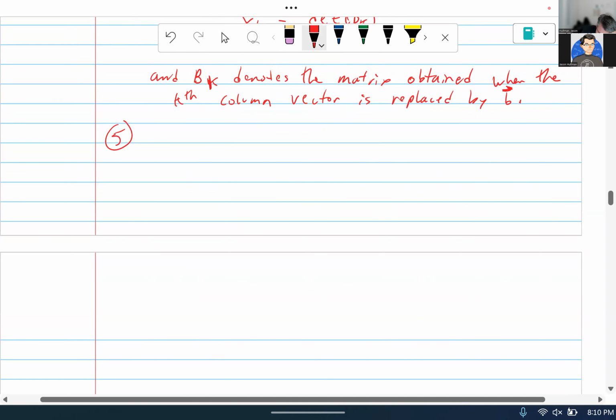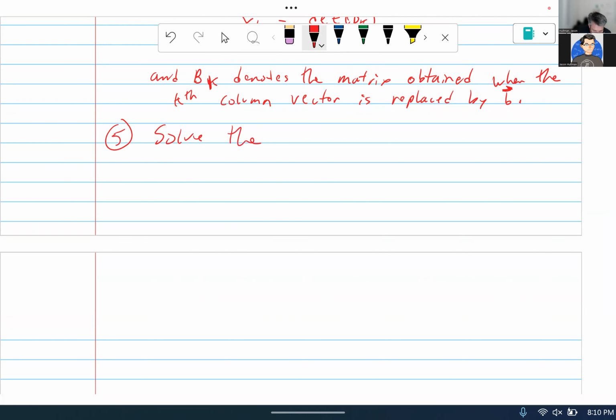Number 5. Solve the following system of equations by using Cramer's rule. Now I'm not going to calculate all these determinants by hand, but I'm going to show you how to do that.